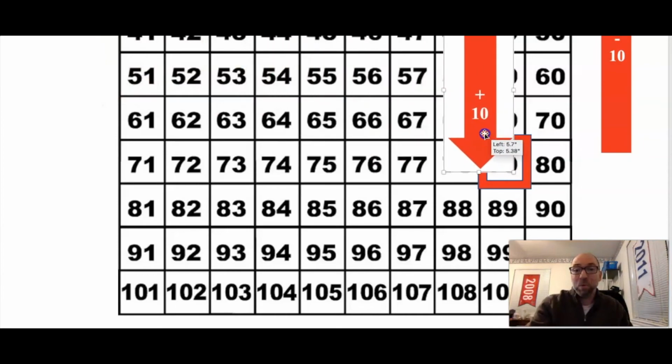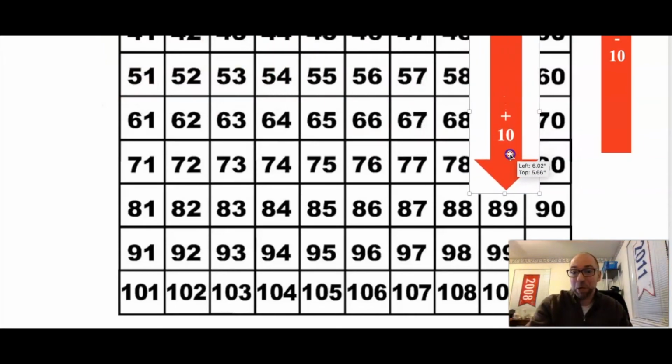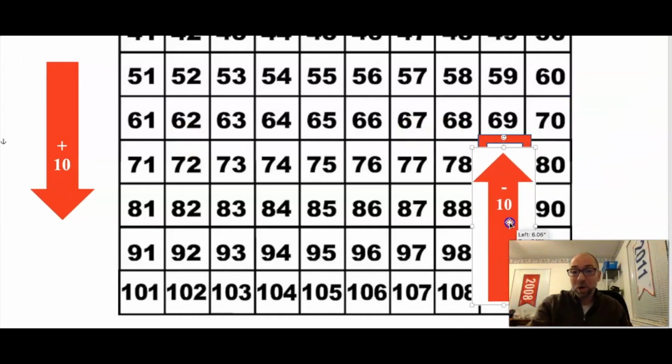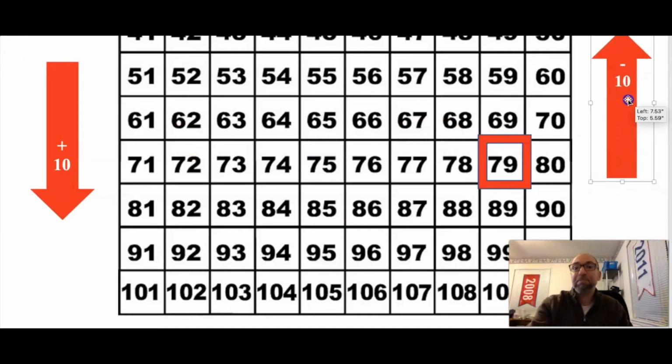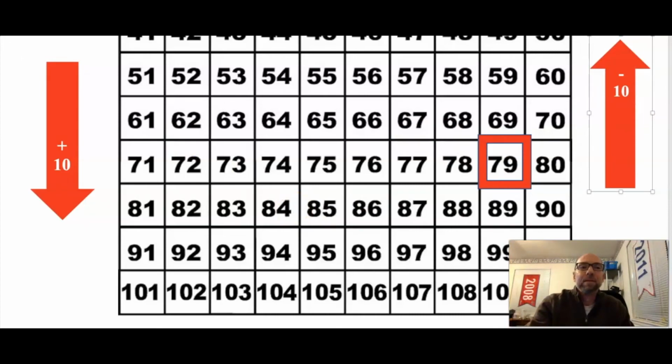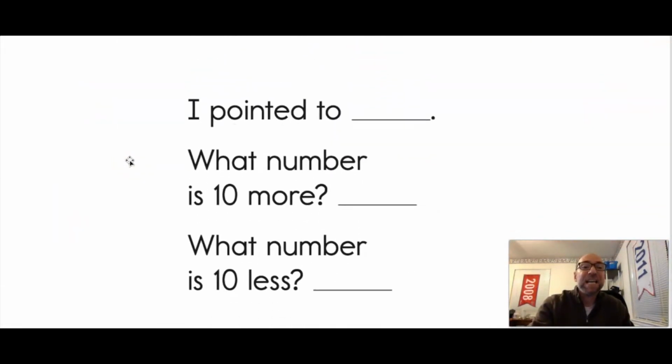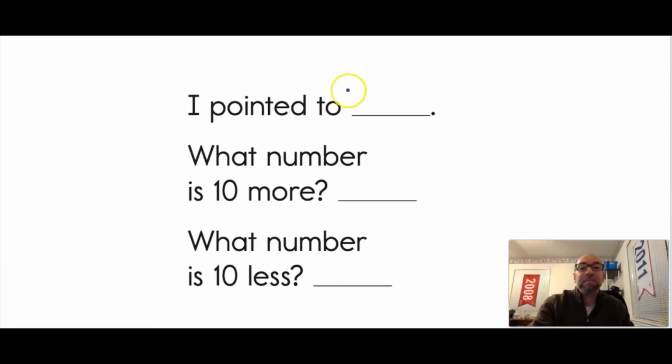Remember, 10 more, we look below. 10 less, we look on top. Well, our number was 79. What number is 10 more?